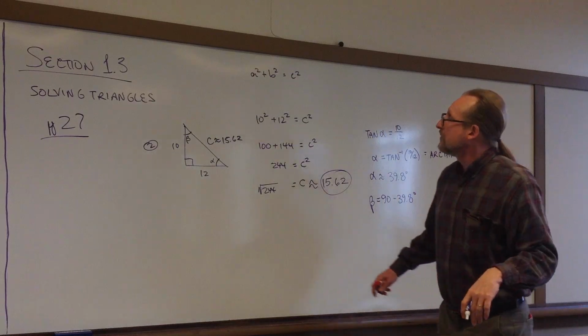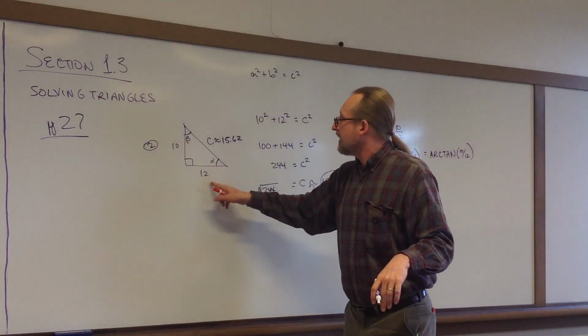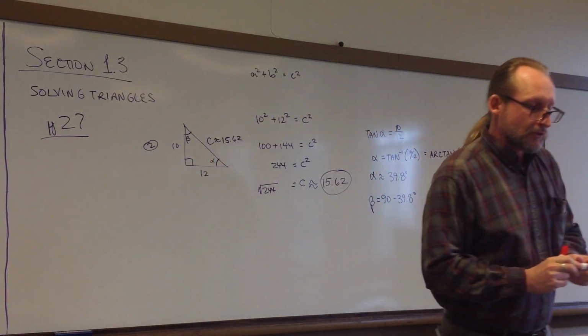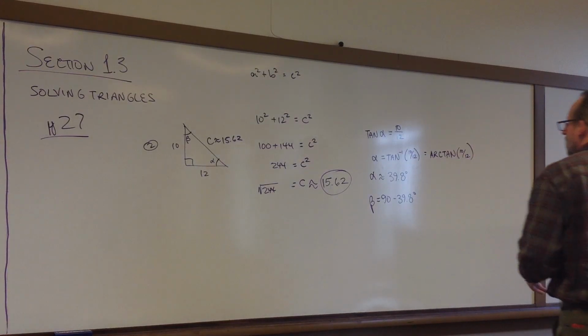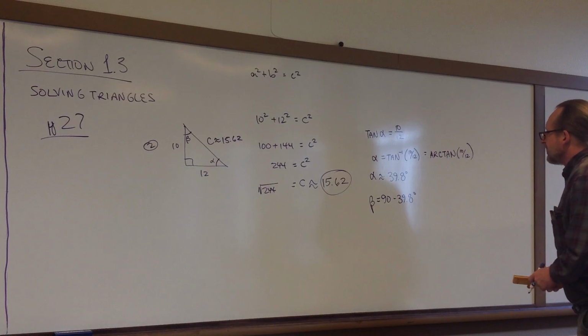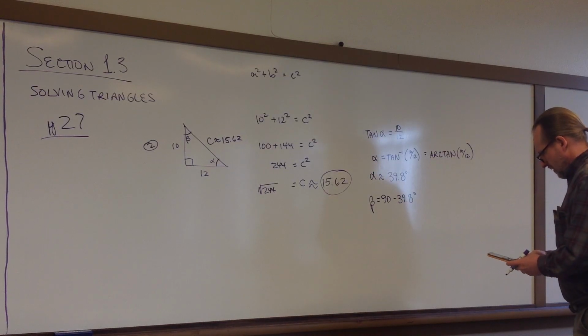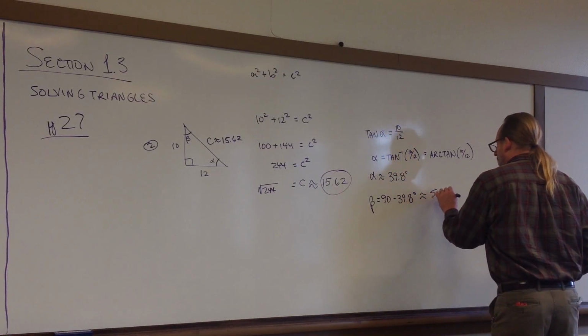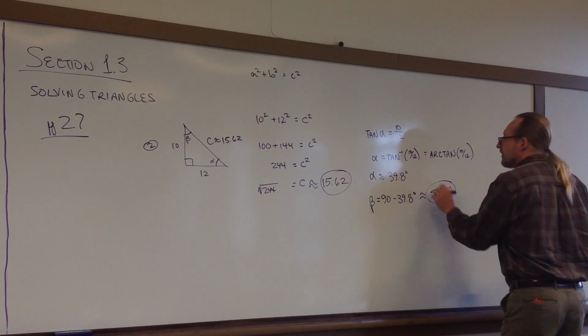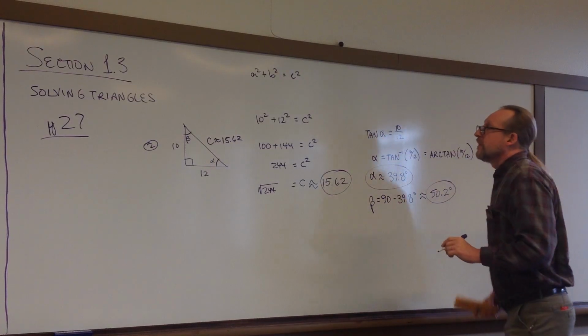You could also do inverse tangent 12 over 10, which should give you the same answer. 90 minus 39.8 equals 50.2. Okay, so there's beta, there's alpha.